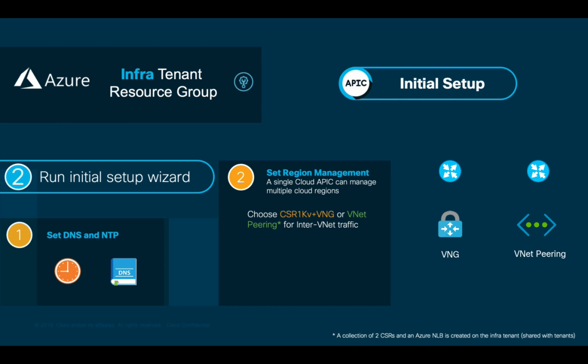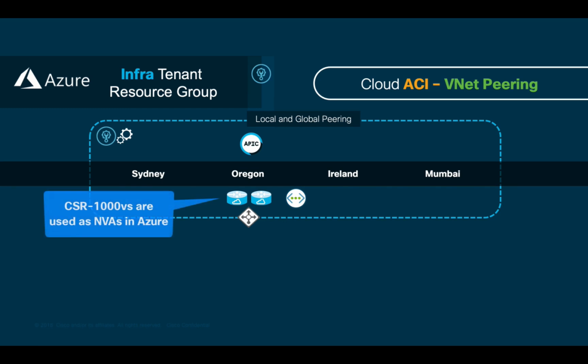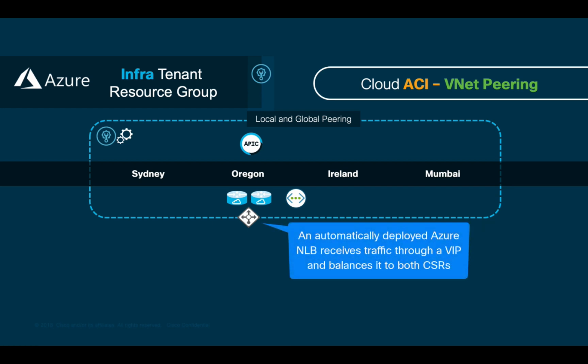However, VNet peering is the preferred one, since it provides higher throughput. This model requires a Network Virtual Appliance, or NVA, to perform spoke-to-spoke routing, and that is why a pair of CSR 1000Vs are automatically deployed in the infra resource group, along with an Azure network load balancer to connect both, performing load balancing and failover.